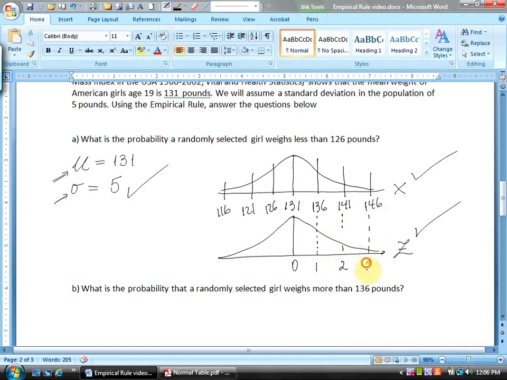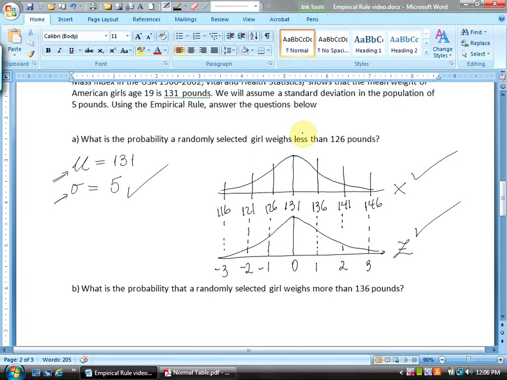Mark 3. 3 standard deviations to the right. So the 1, the 2, and the 3 correspond to the 136, 141, 146. So now we're on the left side. Down below 126 is minus 1 because we're going to the left. Okay? Below 121 is minus 2, and below 116 is minus 3.